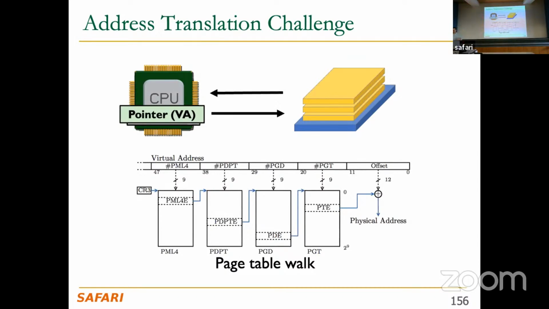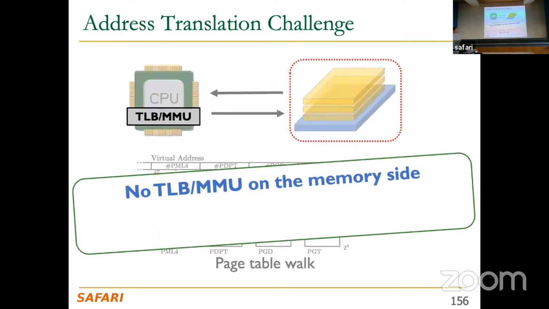But even though this is conceptually simple, the real implementation in current systems these days uses several levels of page tables, and going through these page tables is pretty costly. It requires these page table walks that in the end are complete loops, going to memory, bringing something, going again to memory, bringing something, and so on. So just for a single memory address translation, you may require up to 4 accesses to the main memory, right?